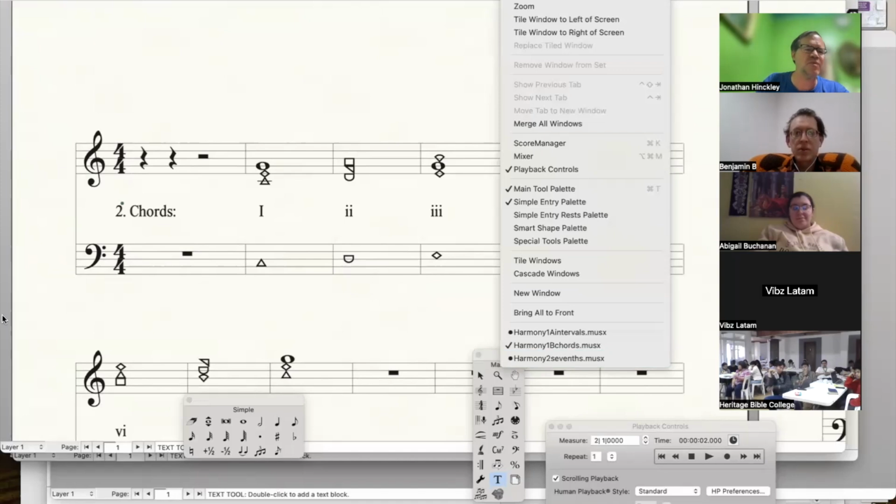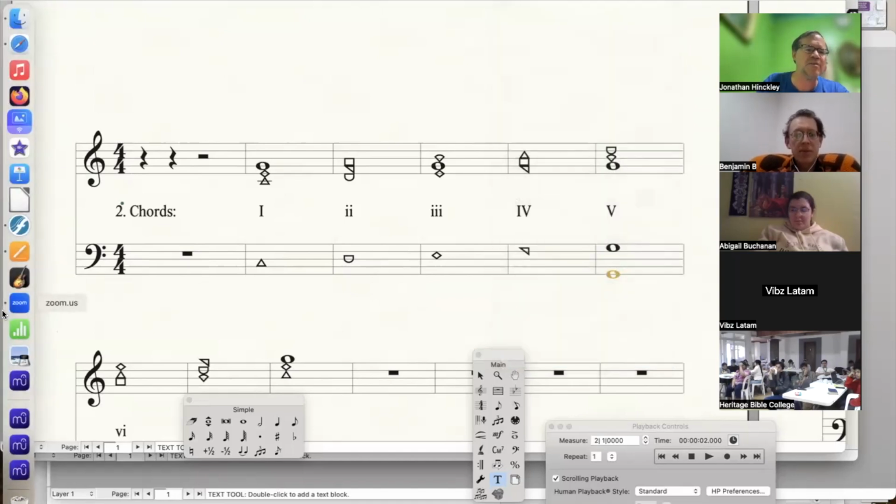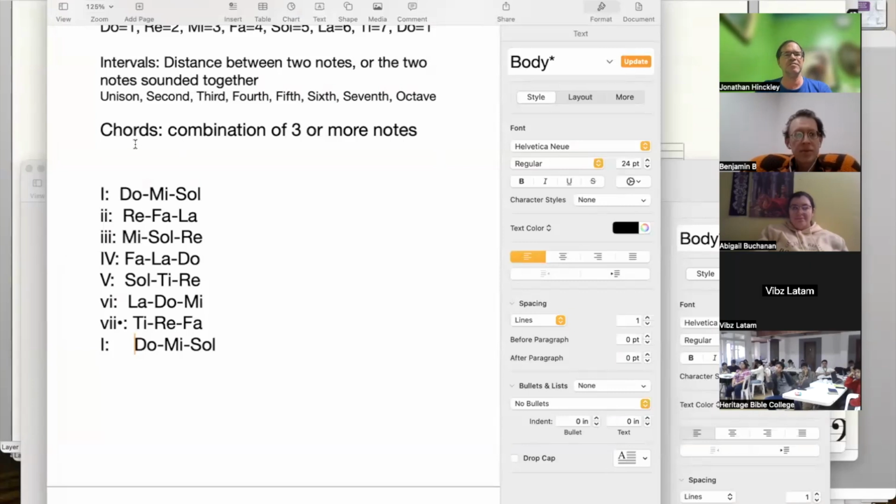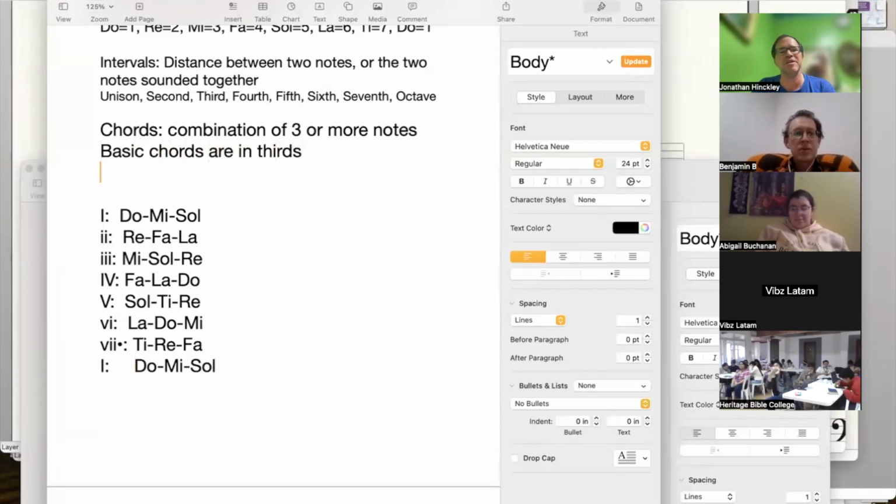Let's see. First, let me give you one other bit of vocabulary. Okay, a chord is a combination of 3 or more notes, and the basic chords are in thirds, and this is what it's going to look like. Root, third, fifth.